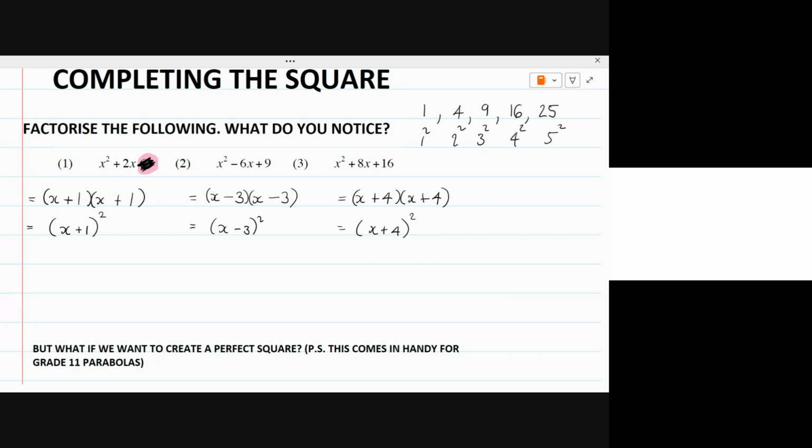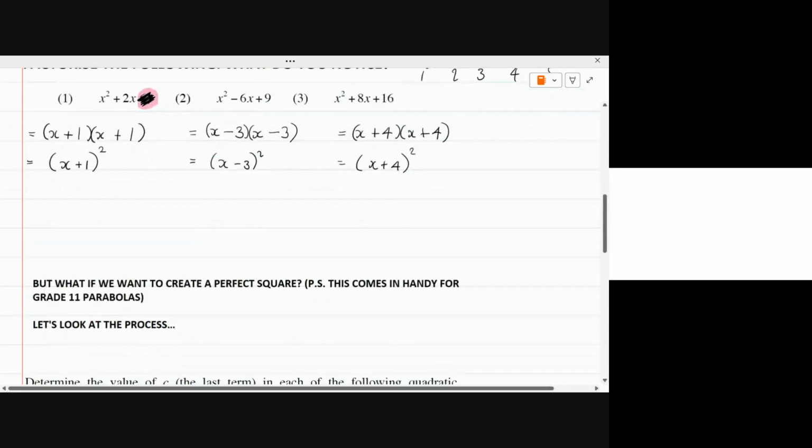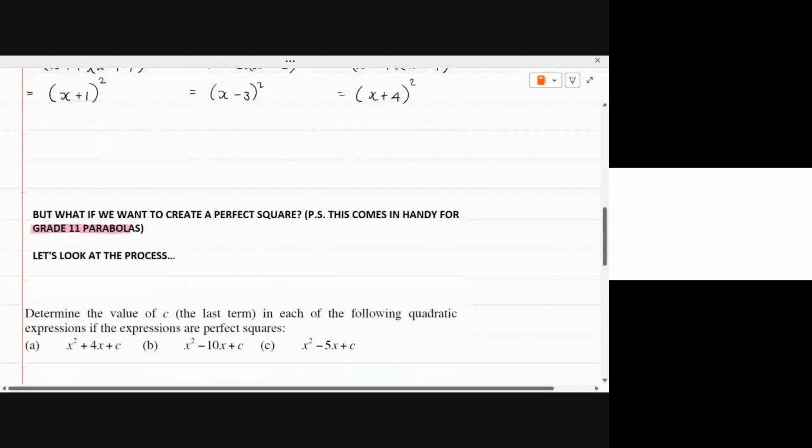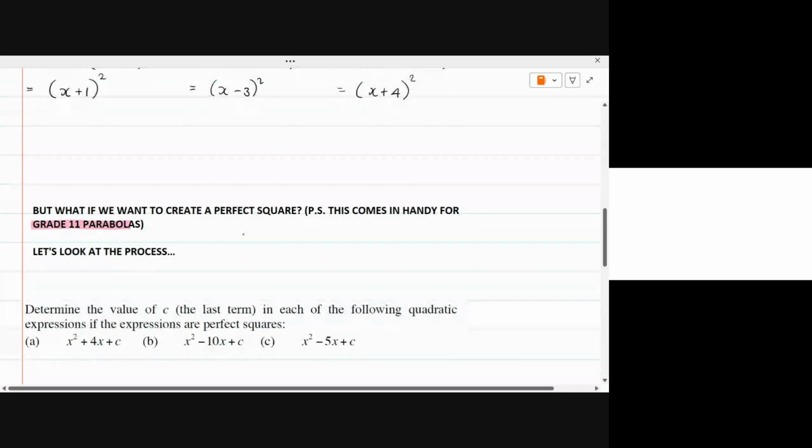And I am very serious when I say this. It comes in handy when you start doing parabolas in grade 11. It's very, very important.